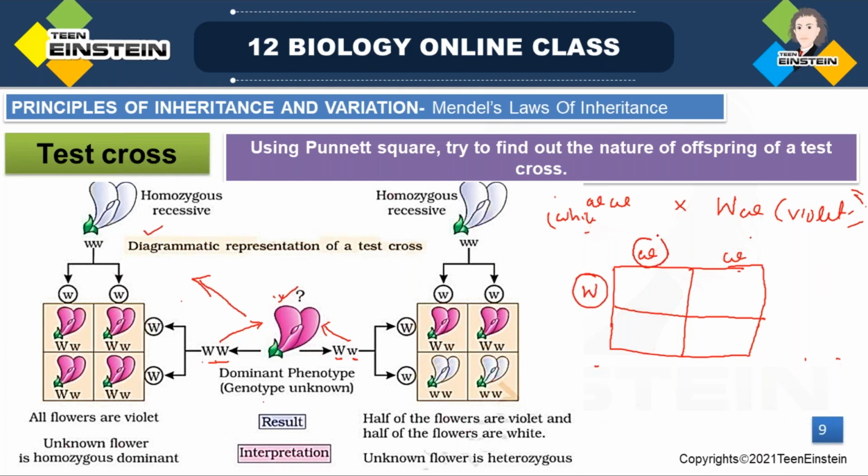One dominant allele and one recessive allele it will produce. So the first is capital W, small w, then the second combination again capital W, small w, the third combination is small w, small w, and here again the combination is small w, small w.